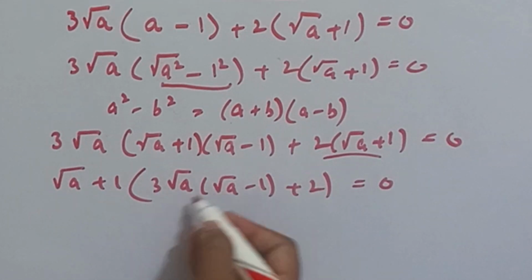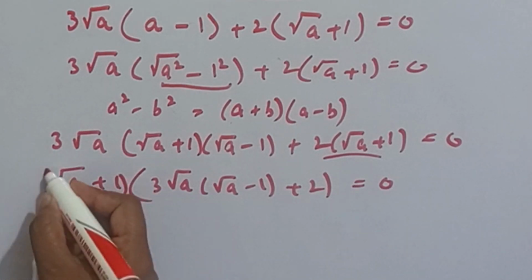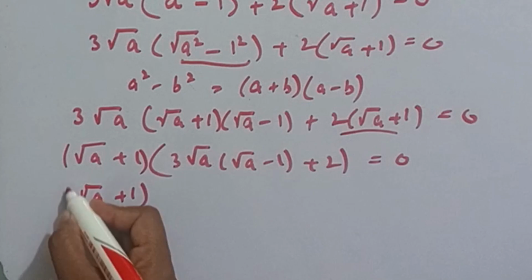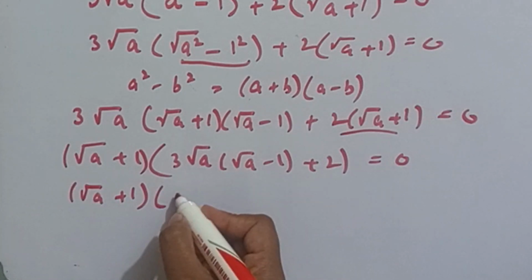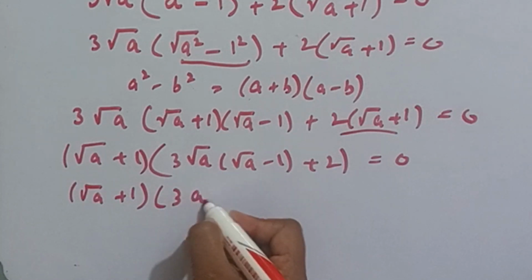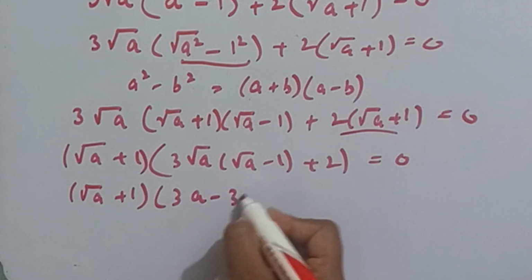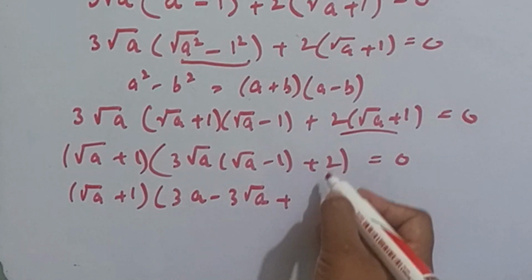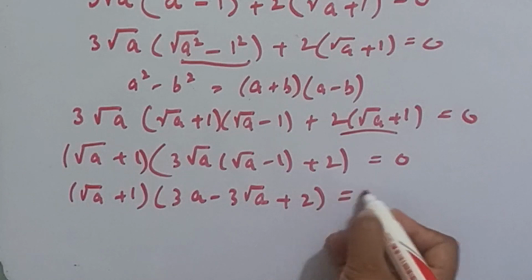Now we multiply these two values. So this is (√a + 1) multiplied by these two values, then we get 3a − 3√a + 2, equal to 0.